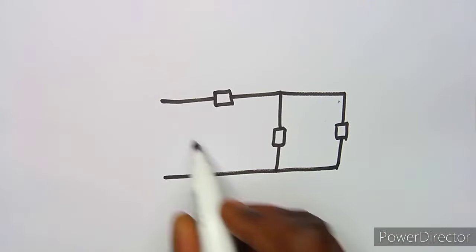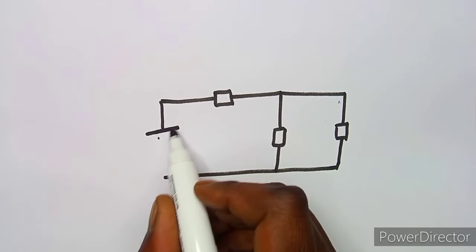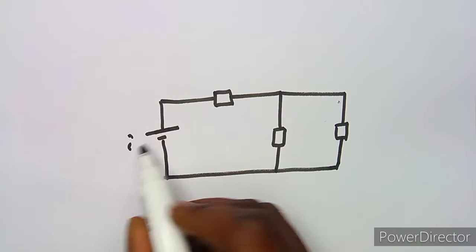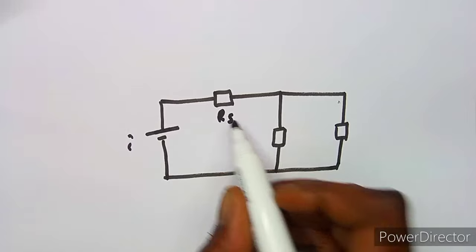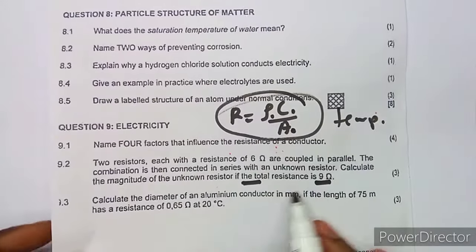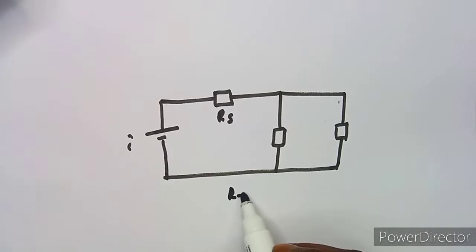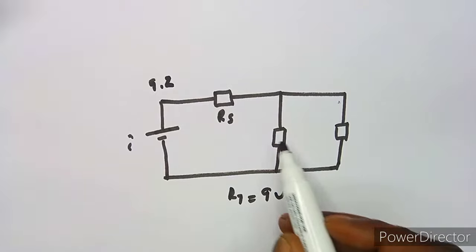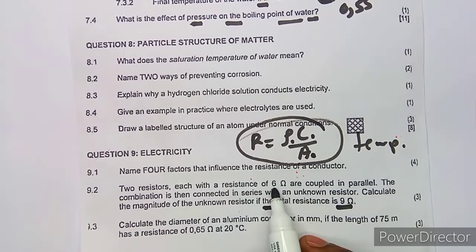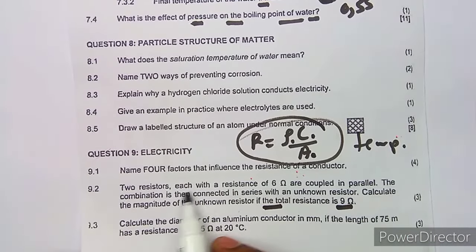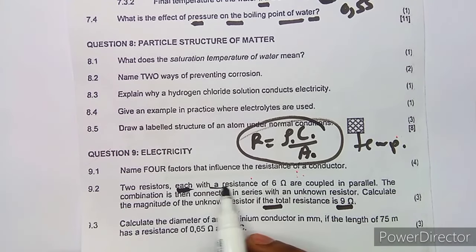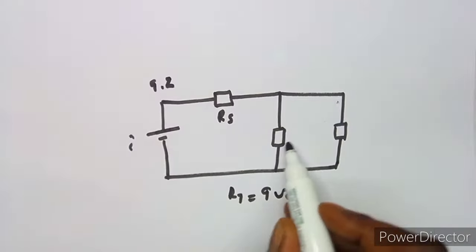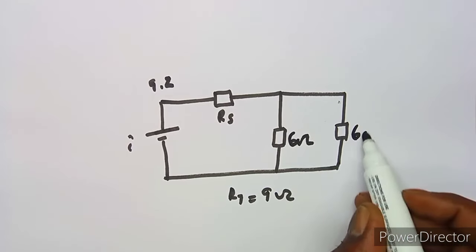Maybe we've got a voltage source, but we are not focusing on that. We are to calculate the series resistor if the total resistance of the circuit is 9 ohms, given that the two resistors are each 6 ohms.